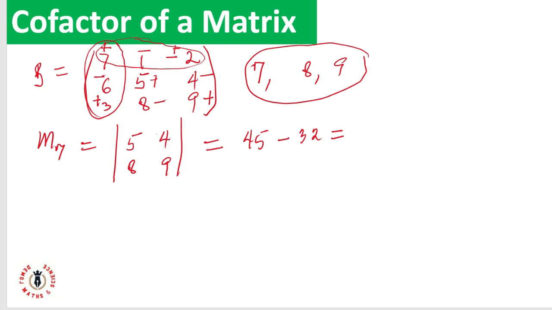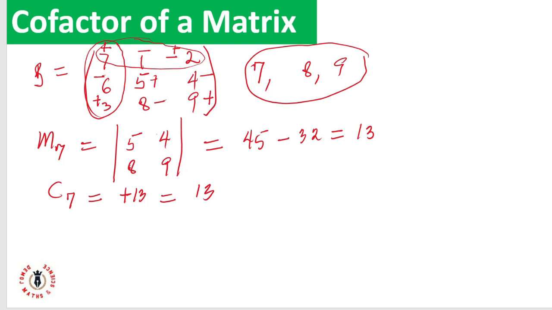So 45 minus 32 equals 13. So the cofactor C7, I'll attach the positive sign to it, is positive 13, which is the same thing as 13.